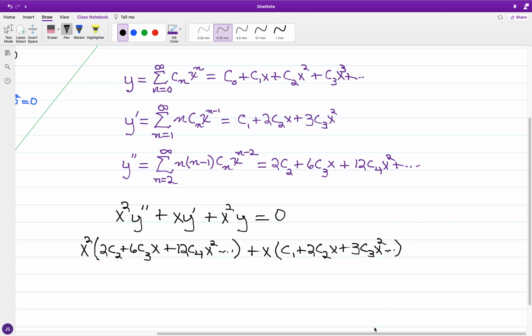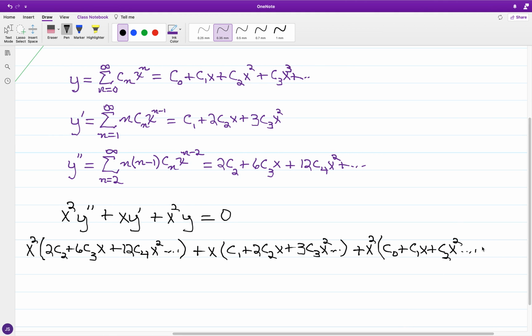And you have plus x squared y. Putting in for y, you have c naught plus c of 1x plus c of 2 x squared, and again it is equal to 0.